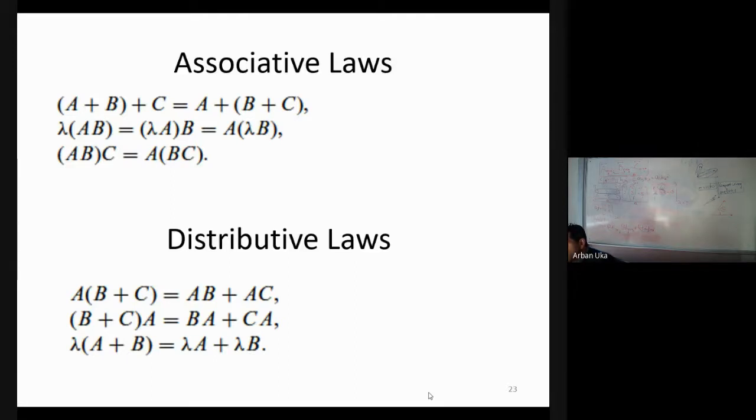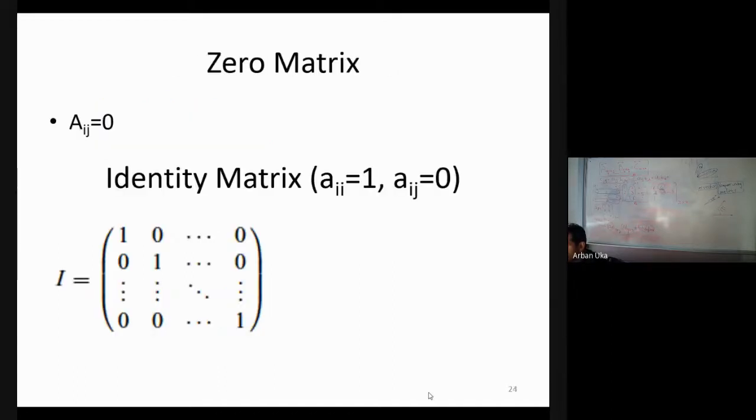It is the same as lambda times A times B, and this is also equal to A times lambda B. You can see the third property, multiplication of three matrices, A times B, then multiplied by C. It is equivalent to multiplying A with the product of BC. We have distributive laws, as they are shown here on the slide.